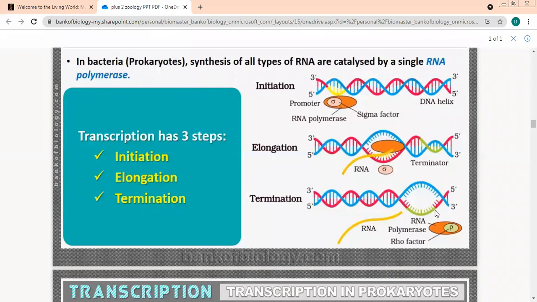Transcription has 3 steps: initiation, elongation, termination. See, the first step is initiation. Remember, we had the initiation site. If you see in this entire sequence of DNA, only something is happening in this area. This area was the initiation site. This is the elongation site. We said the actual process of transcription takes place in the middle where we have a structural gene.